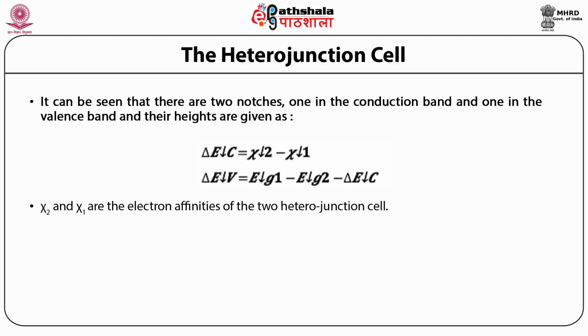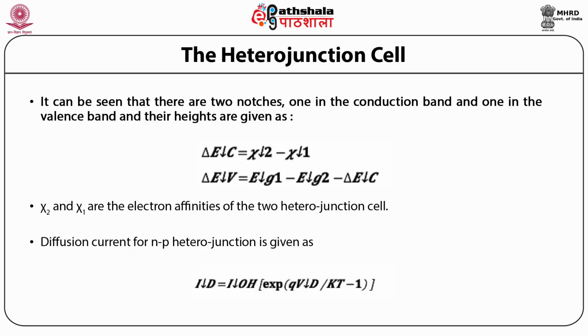The expression for the diffusion current for an NP heterojunction is given by ID equal to IOH multiplied by exponential of QVD by KT minus 1, where VD is the voltage across the junction and IOH is the saturation current, and they are given by VD equal to V minus I RD, and IOH equal to Q D ni square by L N A multiplied by XT.